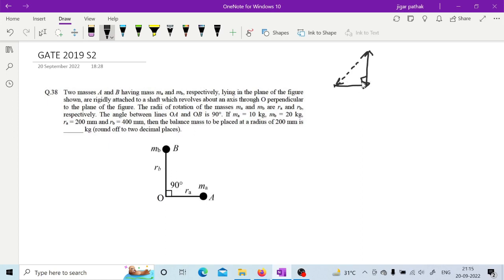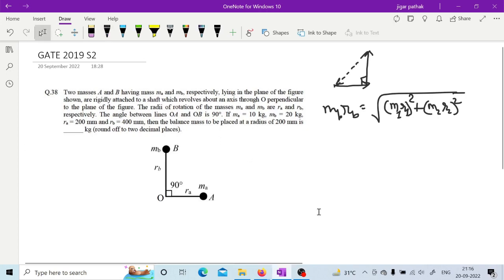As you have this 90 degree angle, your MBRB can be directly calculated from the square root of M1R1 squared plus M2R2 squared, because it has only one vertical component and one horizontal component, right? It is straightforward. Yes, sir. Now got it, sir. Yes, so quickly calculate it.